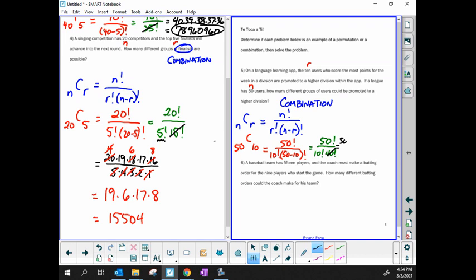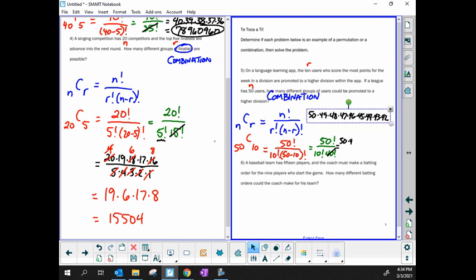Well, it's 50, 49, let me write it up here, 50, 49, 48, 47, 46, 45, 44, 43, 42. Let me move it over. Oh, not you. You stay. I want to move you guys. And 41.